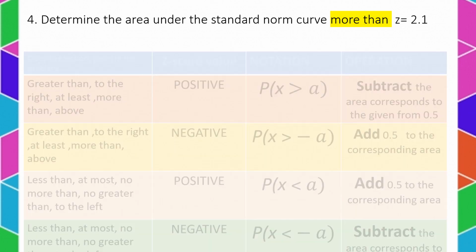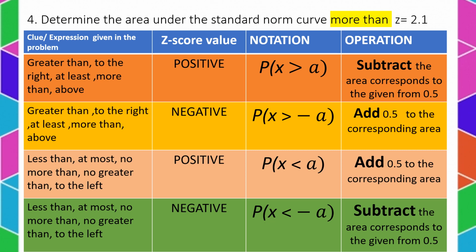So, kapag ganito class, gagamitan natin ang table. So, here are the clues and expressions na makikita natin sa given problem. So, kapag nakita natin yung greater than, o kaya to the right of z, or at least z equals, or more than, kagaya na example natin ngayon, more than, or above.